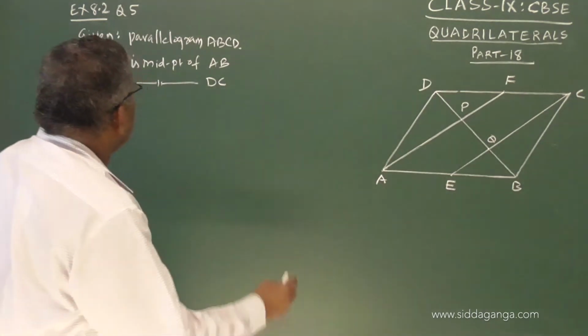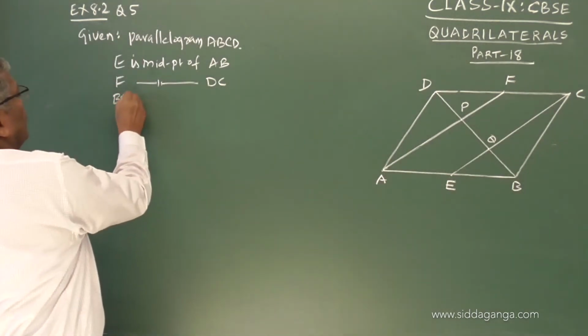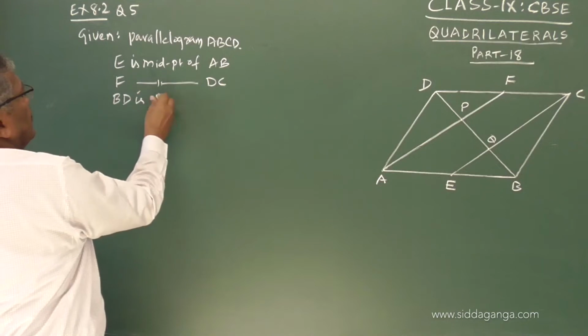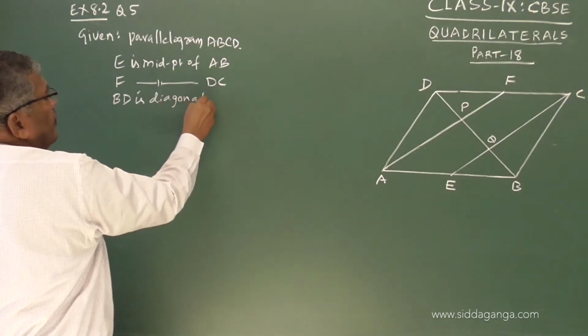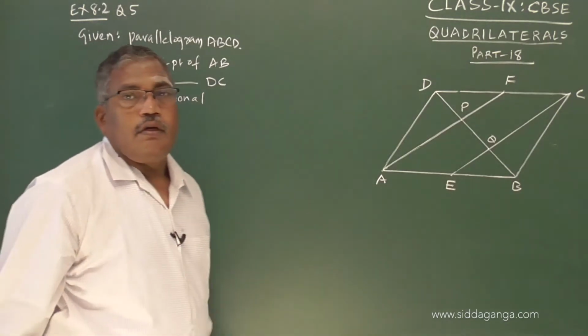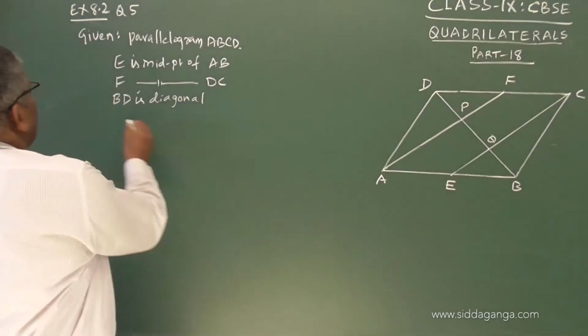So BD is diagonal. BD is one of the diagonals of the quadrilateral. So this is the data given.